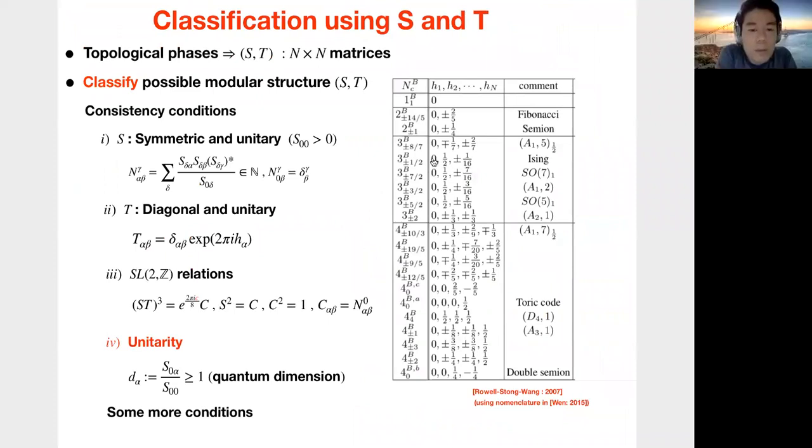How about other minimal models? Yeah, I think other minimal models should also appear in the classification, but this is only up to rank 4. If you increase the rank, for simplicity, I present only rank 4.